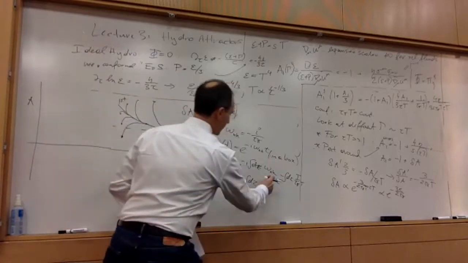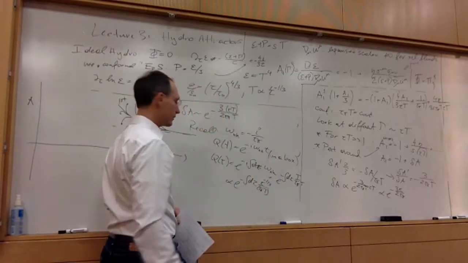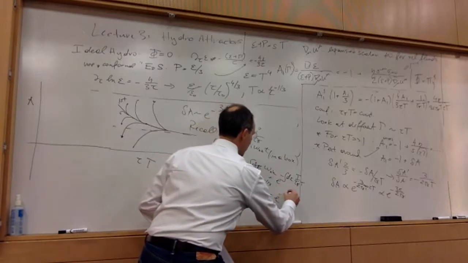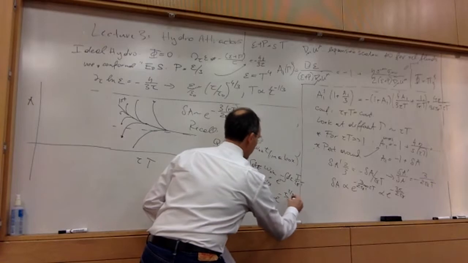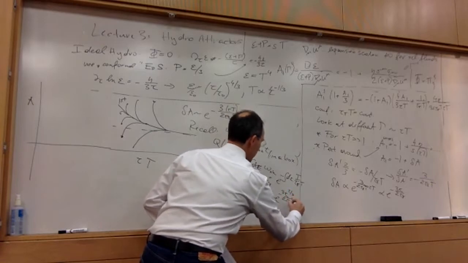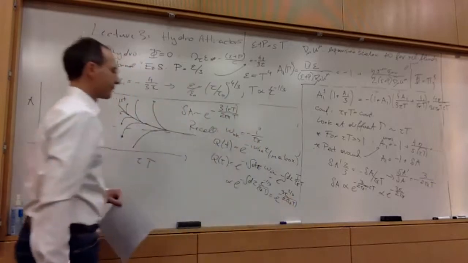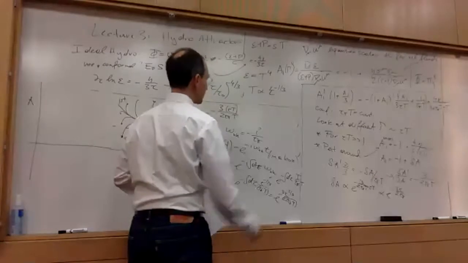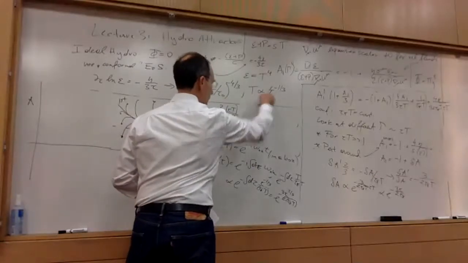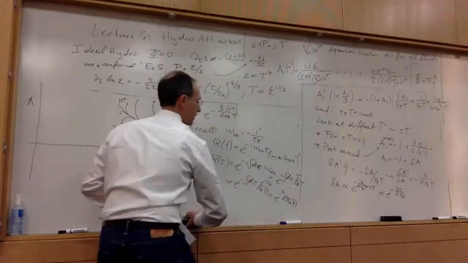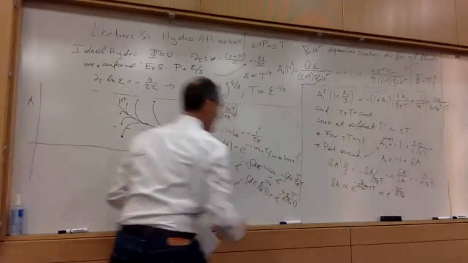So I have to integrate tau to the minus 1/3 in the exponential, and this is given by e to the minus tau to the 2/3 times 3/2 over tau_pi T. And tau to the 2/3 is nothing else but temperature times tau. So I can replace that by tau T.